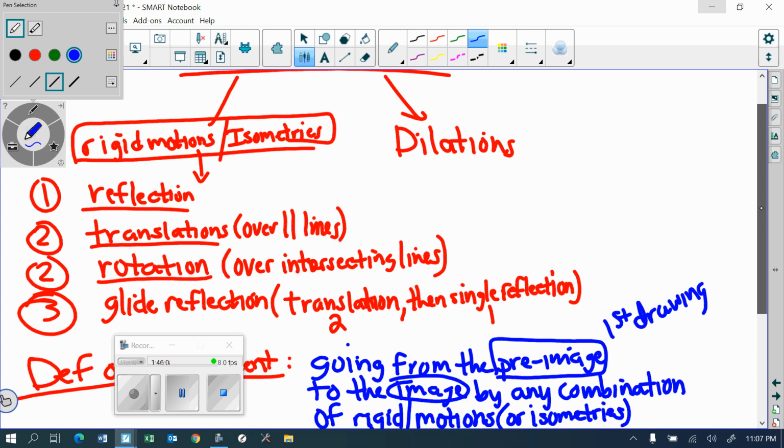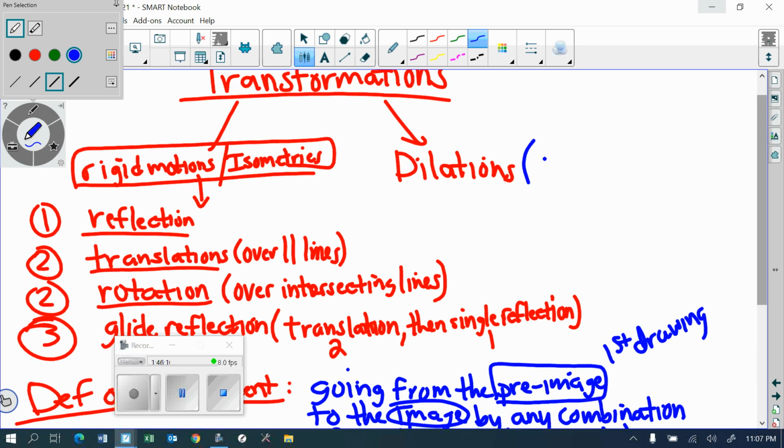All right, dilation, as we talked about, these are similar. So what's the definition of similar? Same shape, but not necessarily the same size.